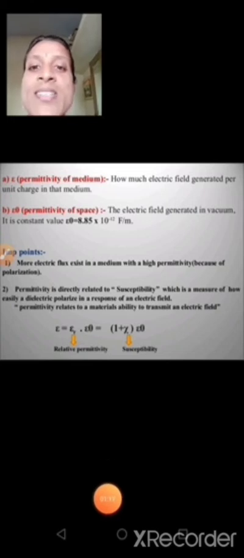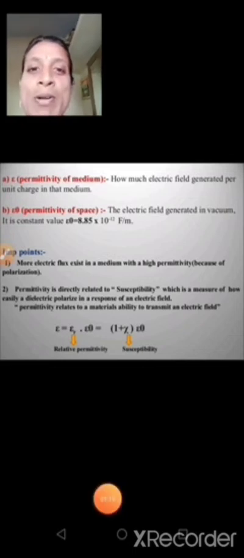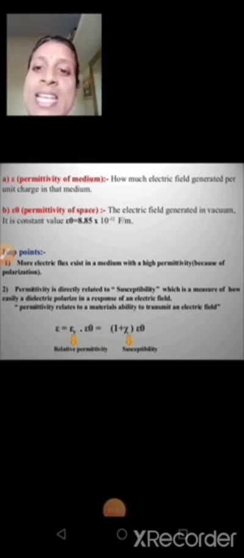Next, the permittivity of free space is epsilon naught, 8.85 into 10 power minus 12, the electric field generated in vacuum. The unit for epsilon naught is F by m. Next, electric flux means electric force lines which transmit from positive charge to negative charge in a medium.